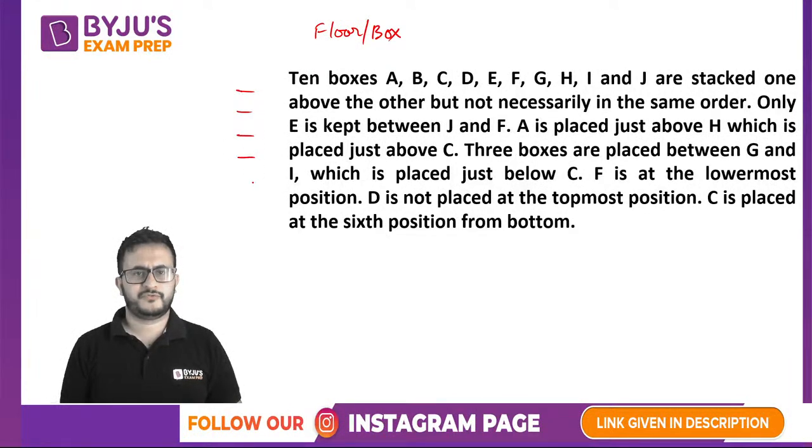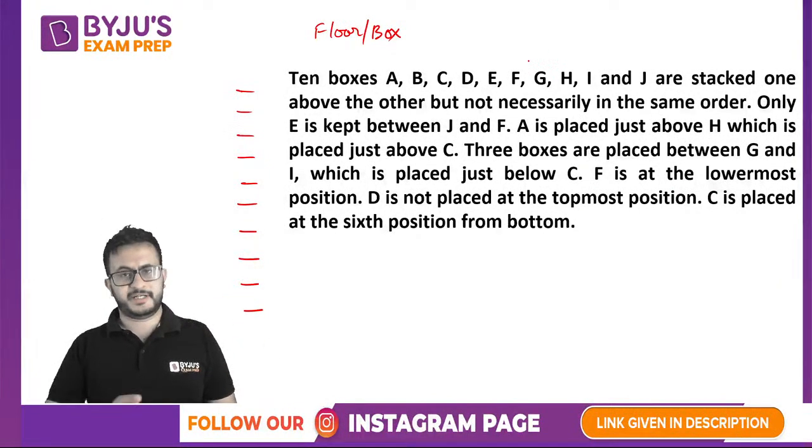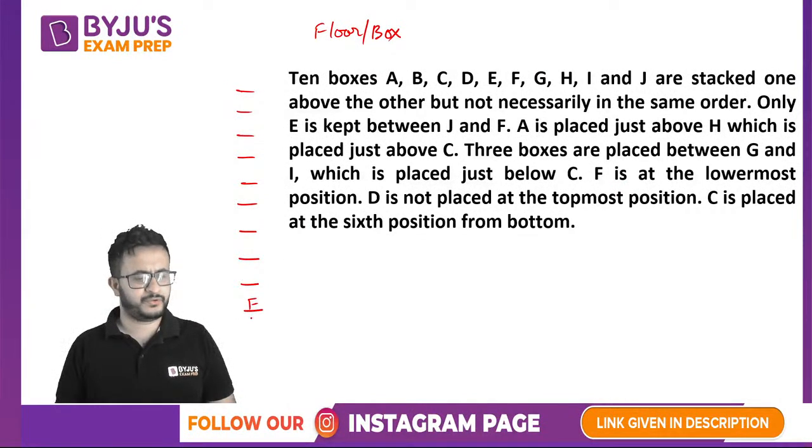2, 3, 4, 5, 6, 7, 8, 9, 10. Okay. It says that F is at the lower end. So again, in any puzzle-based question, right, be it linear, circular, anything, you should look for some concrete data. Like it says F is at the lowermost position. So mark F. Okay.